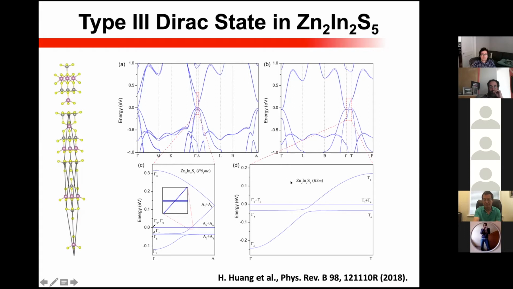Two years ago, we discovered this material called zinc indium sulfide, which has exactly the shape of type 3 Dirac states, as I show here. So there's a horizontal line and a crossing line with a Dirac point formation.